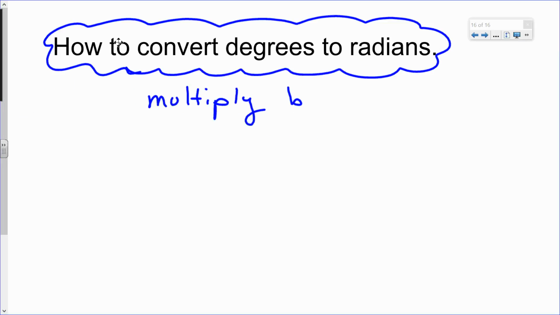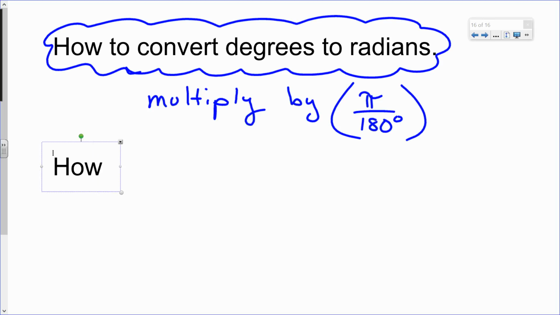Multiply by pi over 180. So if you want to convert degrees to radians, you multiply by pi over 180.